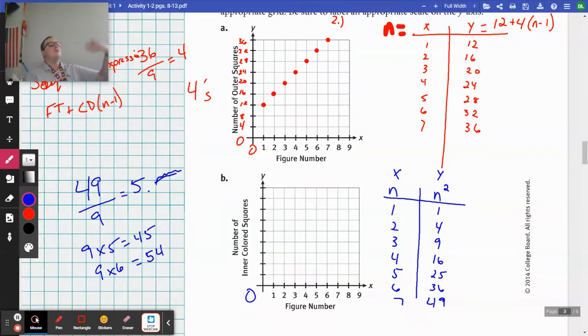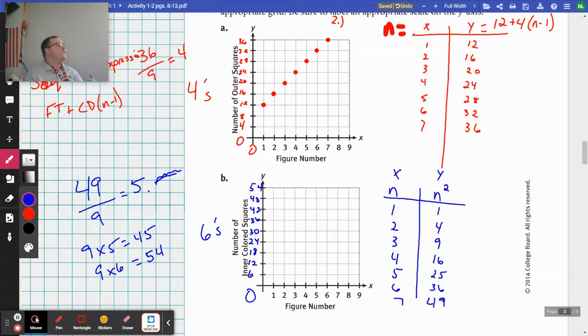Well, 54 is larger, so that means I need to use a scale of 6s. Okay? Scale of 6s. So that would be 6, 12, 18, 24, 30, 36, 42, 48, 54.